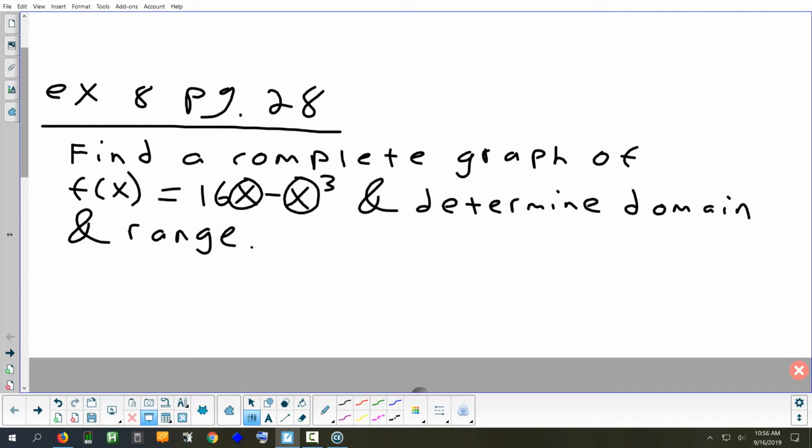Ask yourself, is there any number you can't multiply by 16? No. Is there any number you can't raise to the third power? No. You can raise fractions, decimals, positives, negatives. You can raise all of those to the third power. The only time that there's not something in the domain is if you have a square root. You've got to be careful you don't take the square root of a negative. And if you have a fraction where you could divide by 0. Neither one of those things happen here.